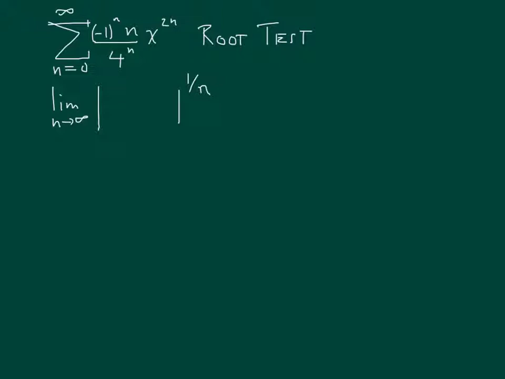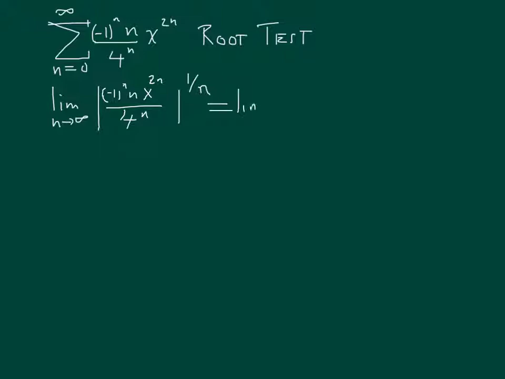So here our nth term is clearly -1 to the n, x to the 2n, divided by 4 to the n.